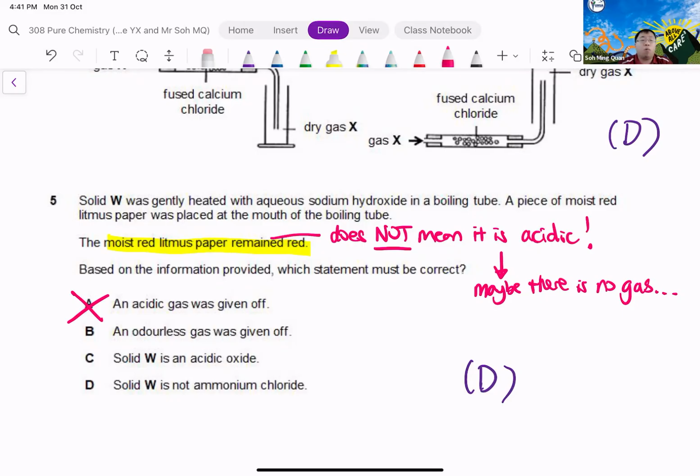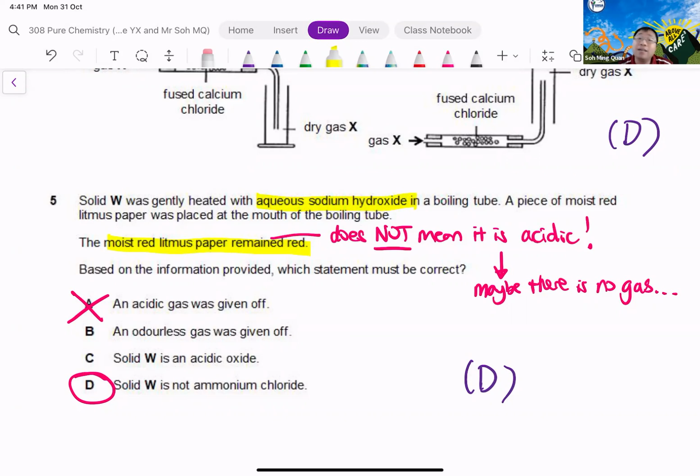So if A is wrong, what's the best answer? Obviously D, right? If the solid W was ammonium chloride and you heat it with sodium hydroxide, it should give you ammonia gas, which means the moist red litmus paper should turn blue.